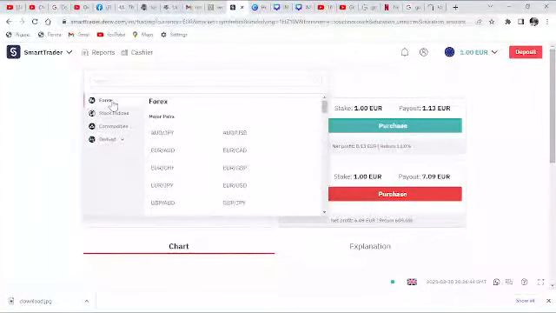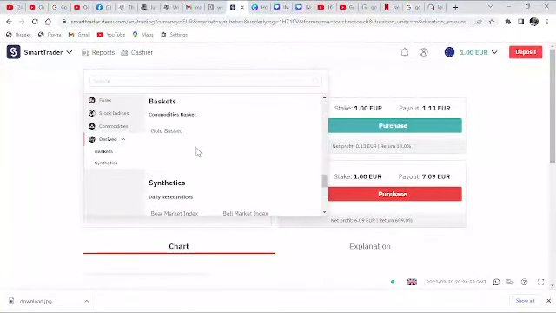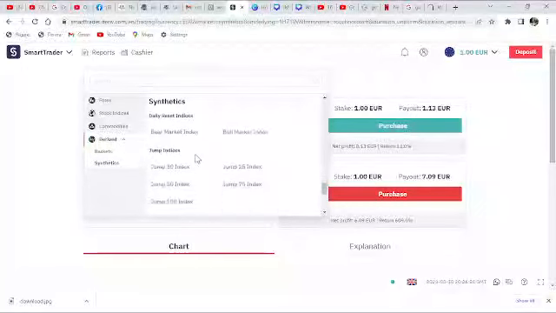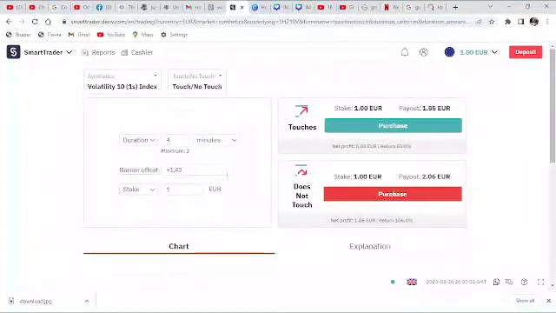You may find it on Forex, but you come on Deriv, then synthetic, and under synthetic you ensure that you select the Volatility 10 (1s) index. You click that one.